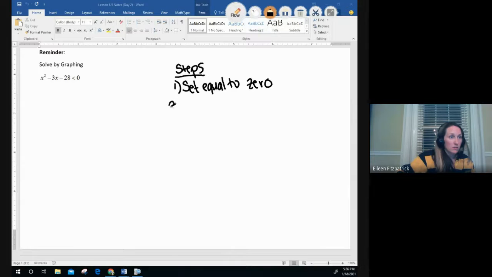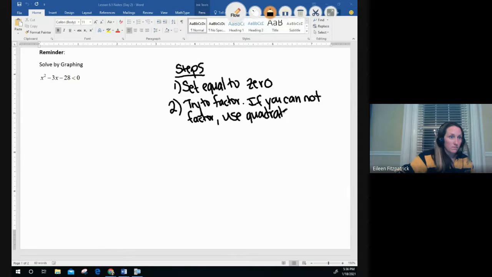If it's already set equal to 0, move to step 2, which is try to factor. If you cannot factor, use quadratic formula to find zeros.